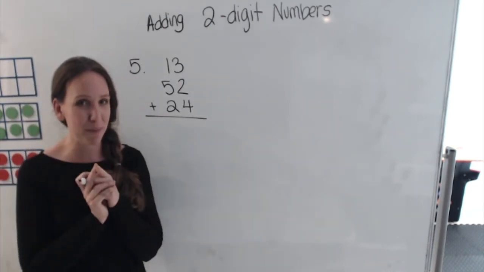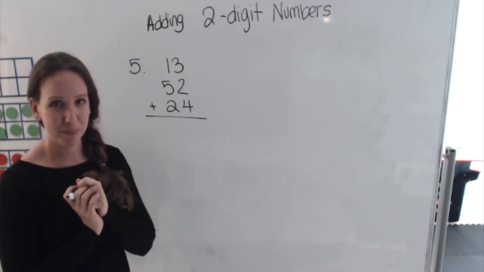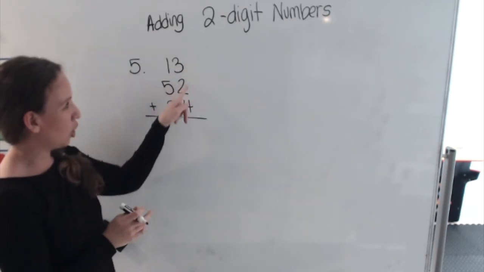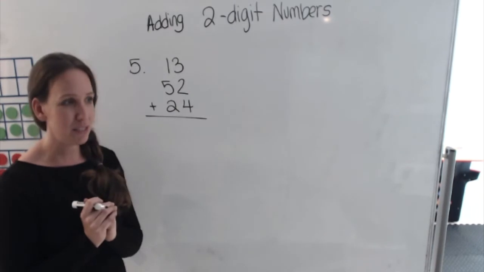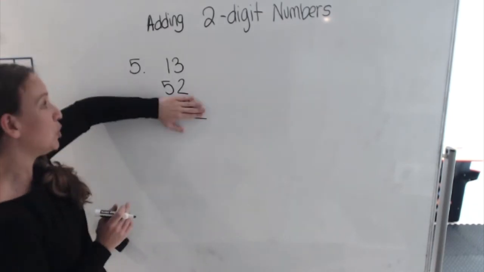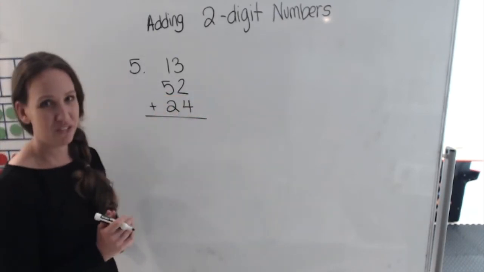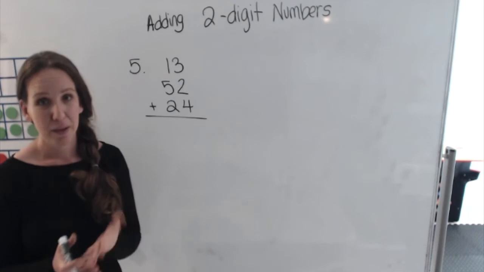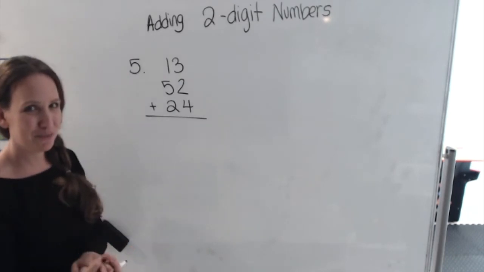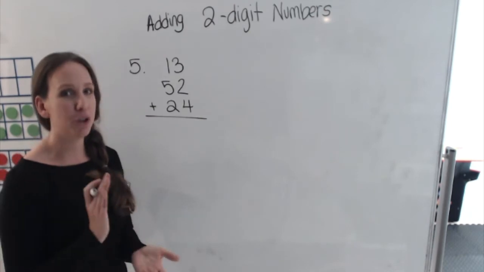I want you to think about it. You have two ways you can do this problem. We can add this whole column up at once, or you can add two of the numbers and then add the last number to that. So try that one on your own right now. If I'm going too fast for you, you can always pause the video.